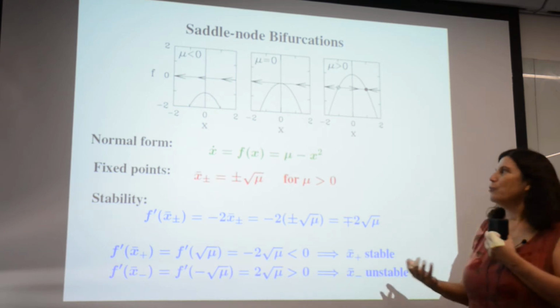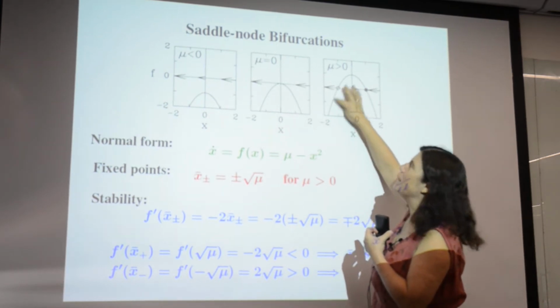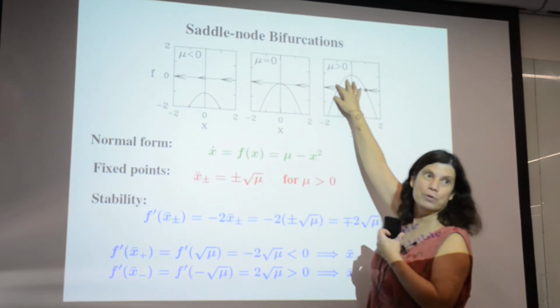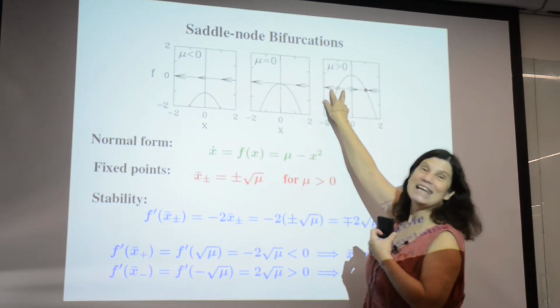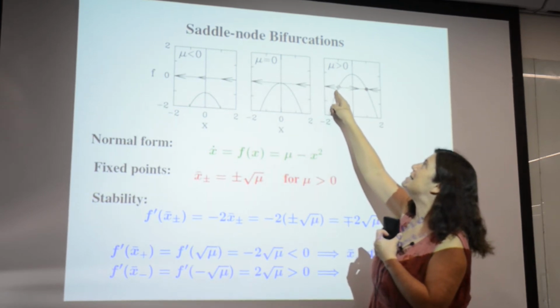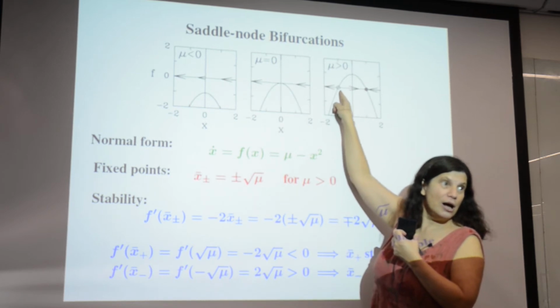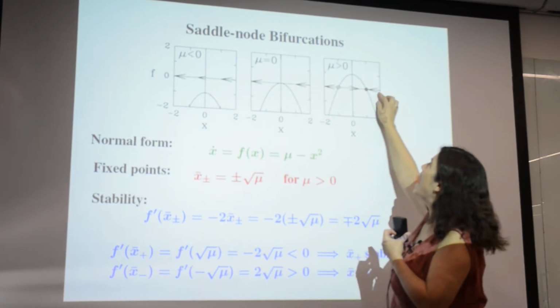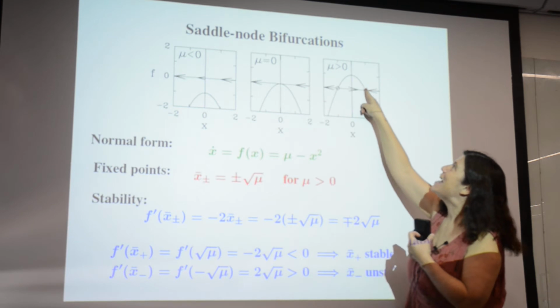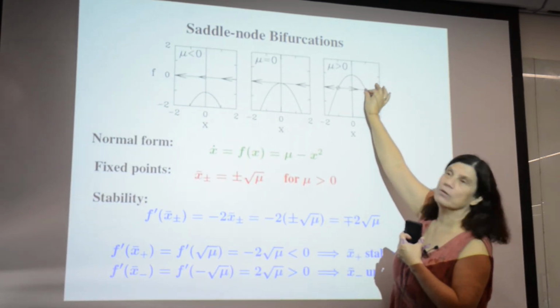And by this principle that we saw before, this one has a positive root. Actually, this root has a positive slope, and hence this fixed point is unstable. Perturbations are going to grow like e to the t f prime, which is positive, of x bar. It's unstable. And this root has a negative slope, and hence it's stable.